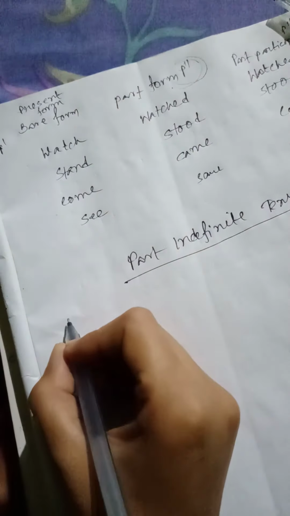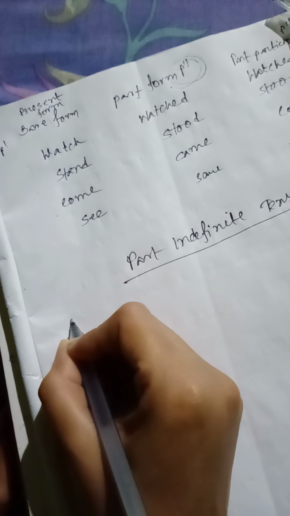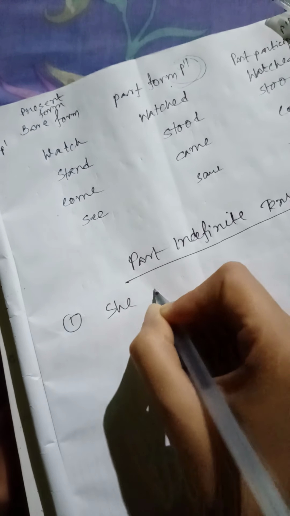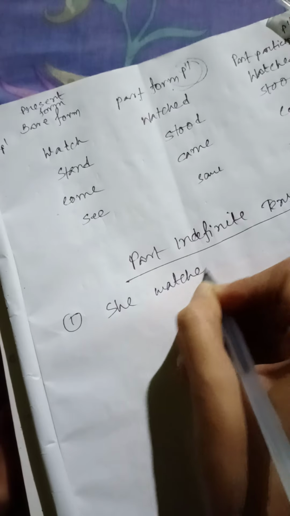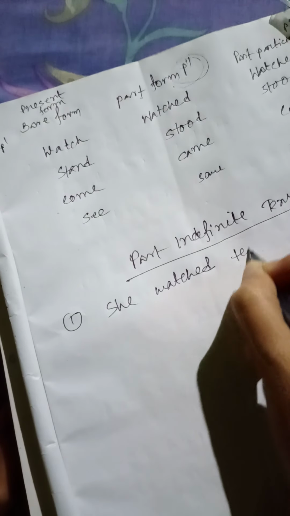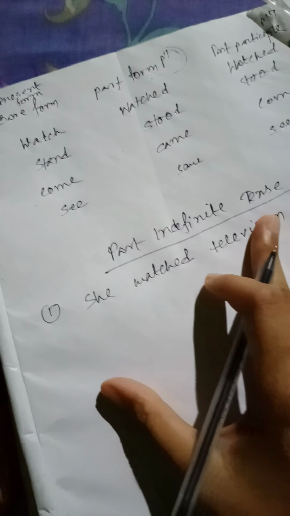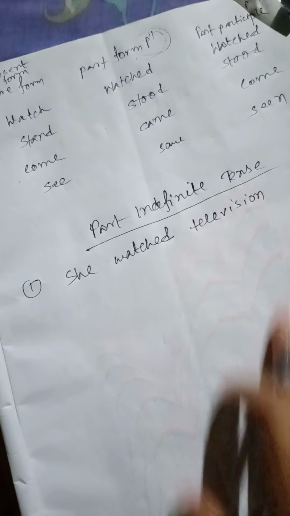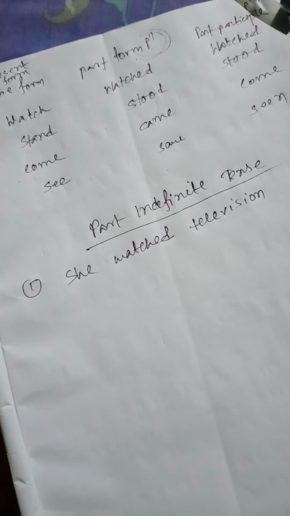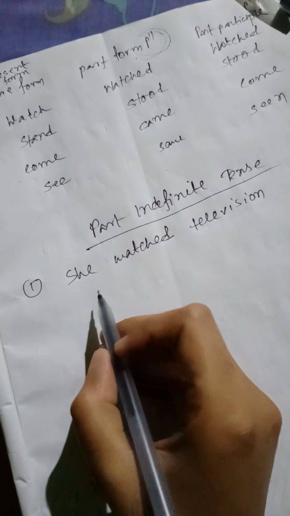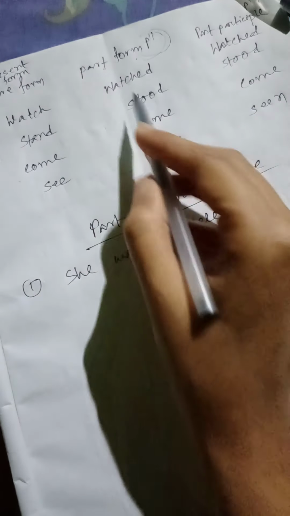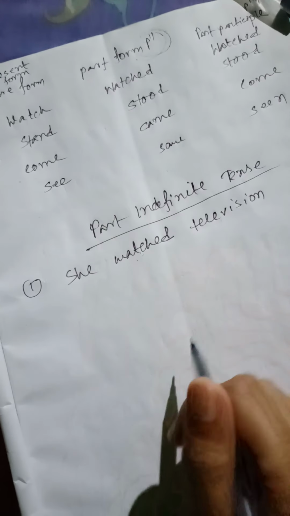Let me take an example of past indefinite tense. She watched television. When we say a sentence that has happened in the past and is not a current happening, we always use the second form of verb after the subject.